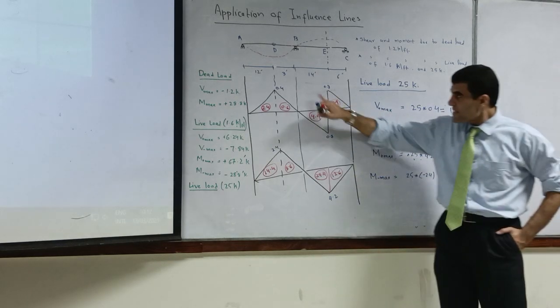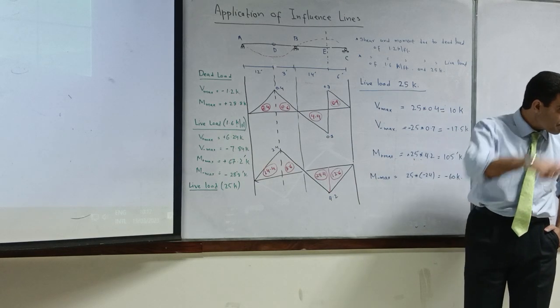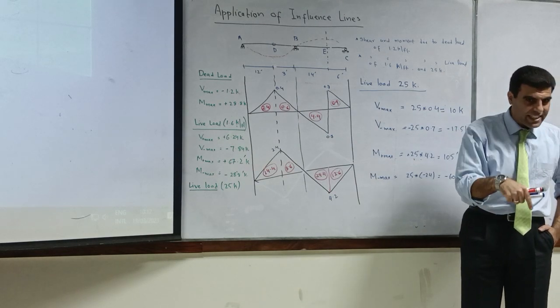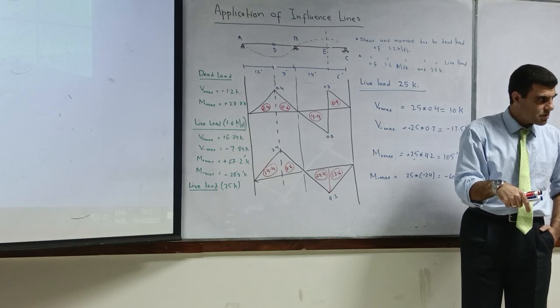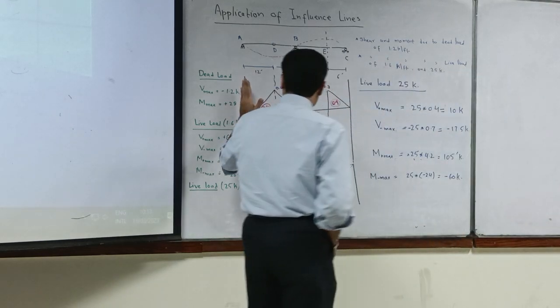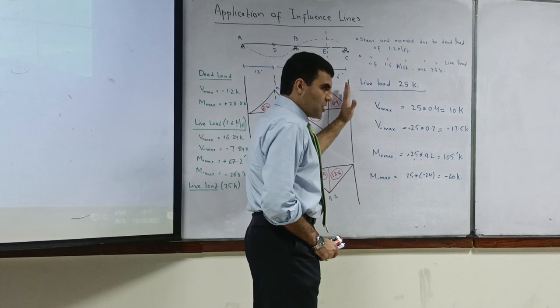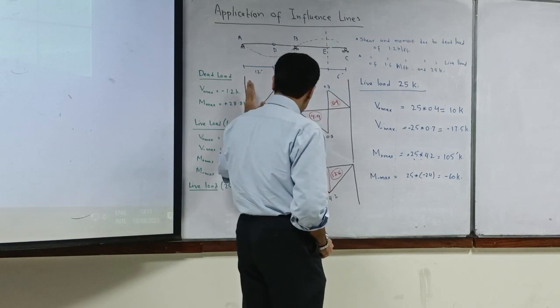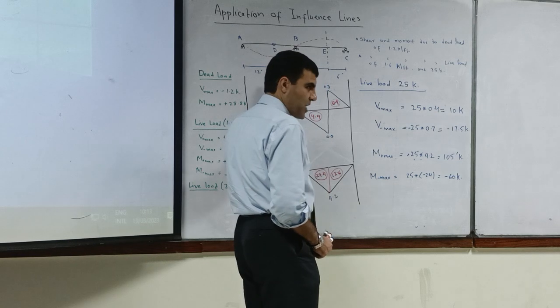Because 0.3 is less than 0.4. No, but this is going to be applied at one point at a time, isn't it? Concern is 25 kip is running like this. Okay? 25 kip is running like this. So that will be applied at one point.